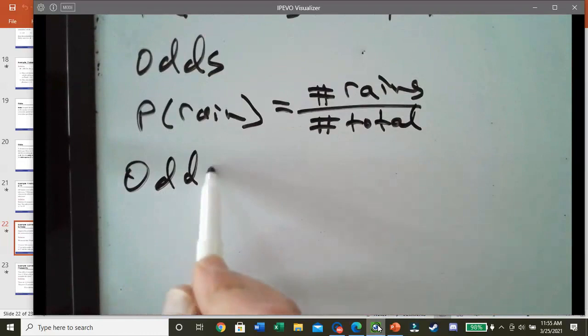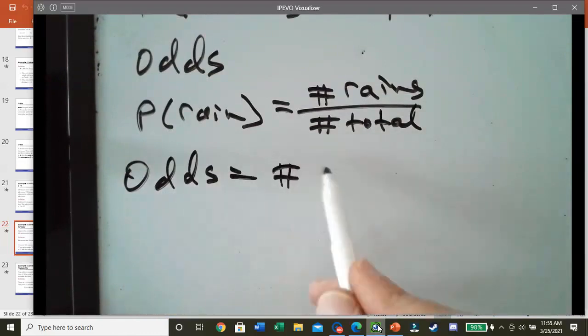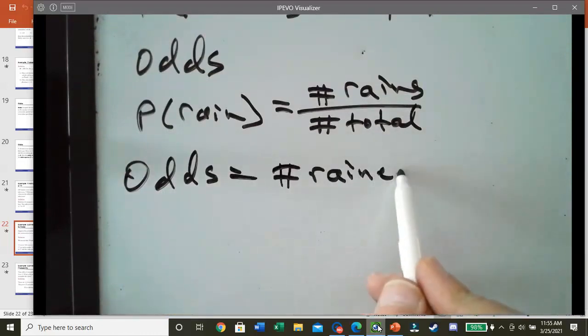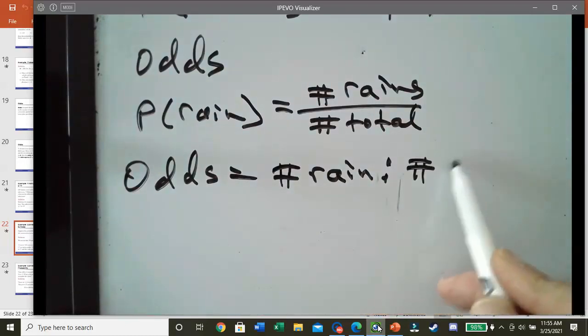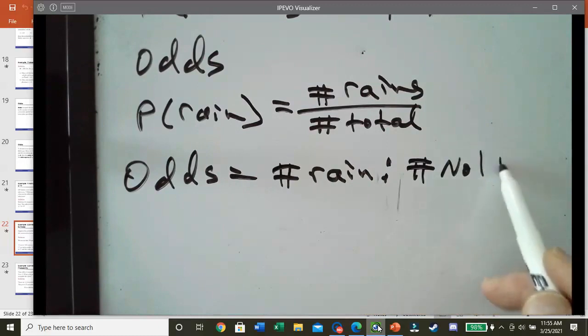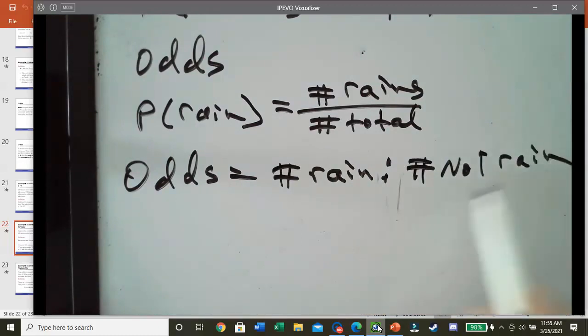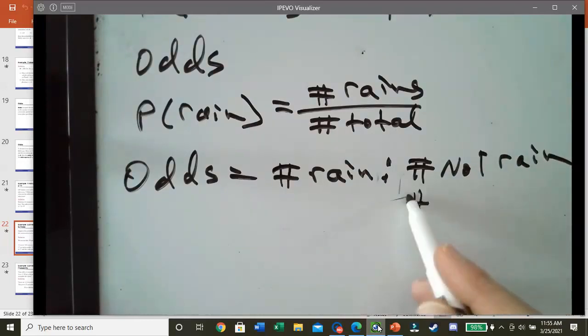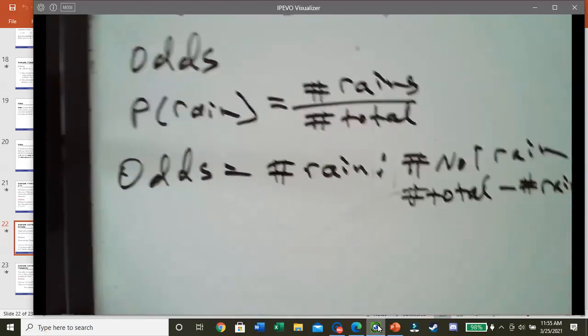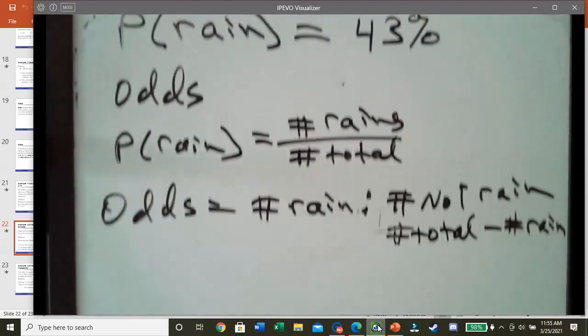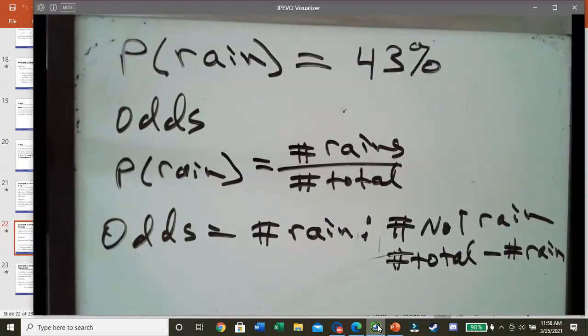Odds are the number of days that it rains to the number of days that it does not rain, which is the total minus the number of days that it rained. Okay, so I'm going to leave that with you for right now. See if you can go ahead and try that.